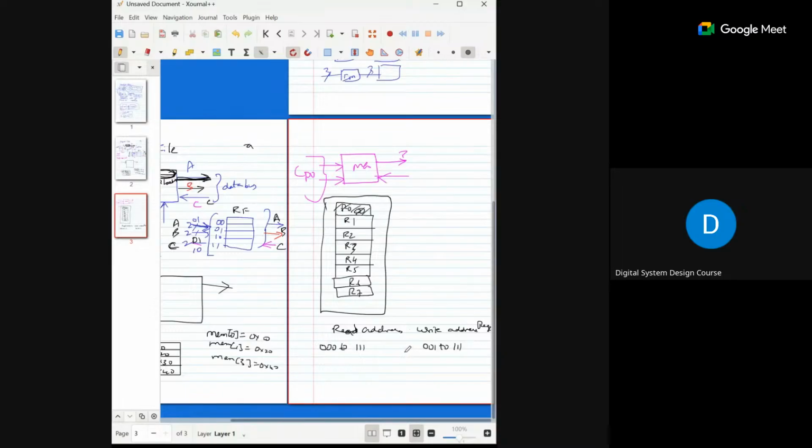Okay. So as I previously defined, I have 2 read ports. Let's say this is 32 bit, this is 32 bit. What is the length of this particular bus?